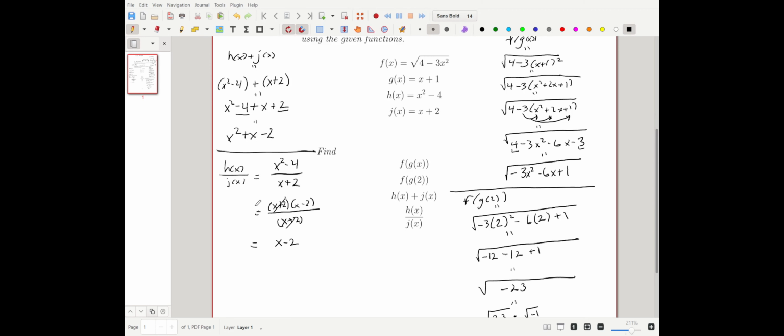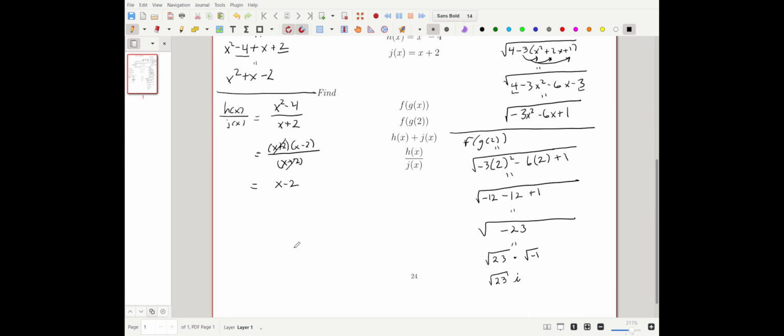Now, I'm just going to try to briefly remind you that if I was asking for the domain of h of x divided by j of x, our original expression is going to be x squared minus 4 over x plus 2. And the one we ended up with is x minus 2.